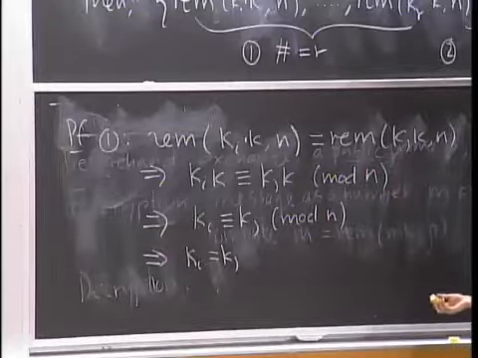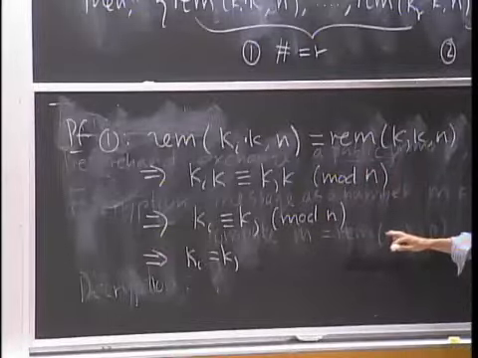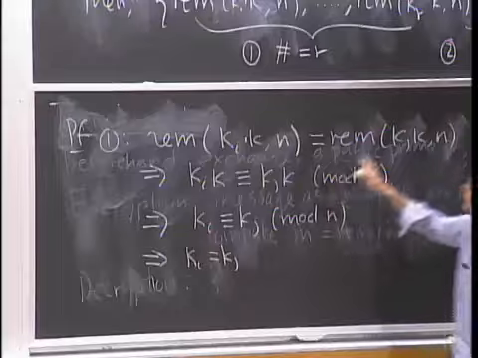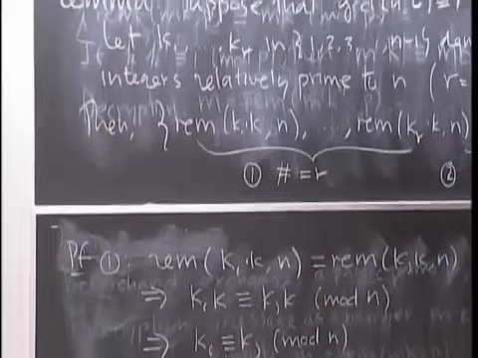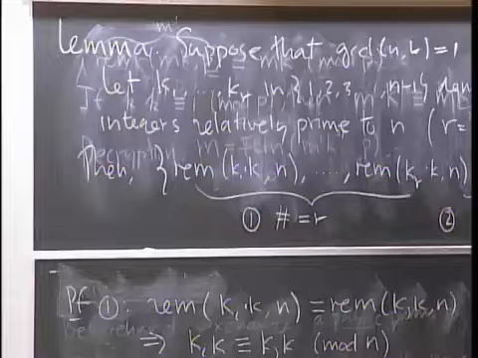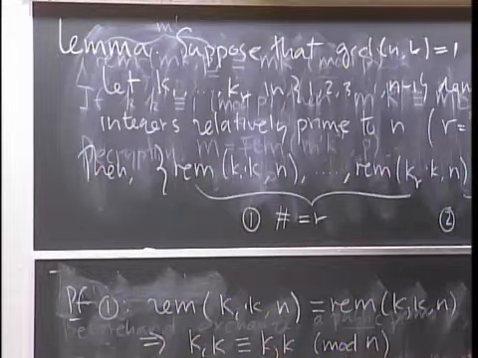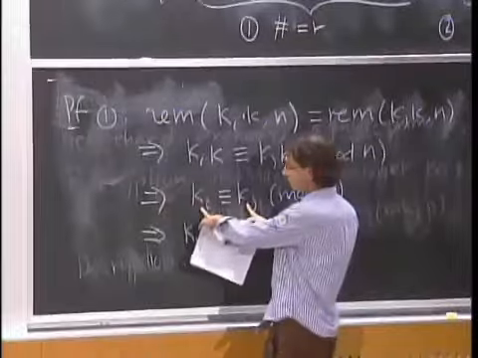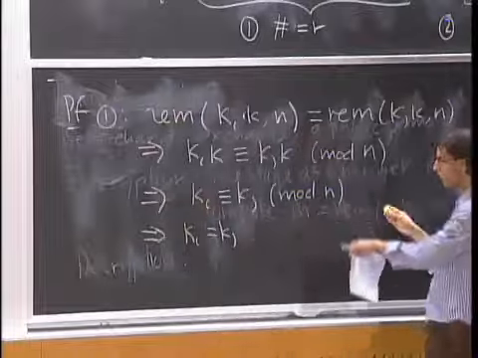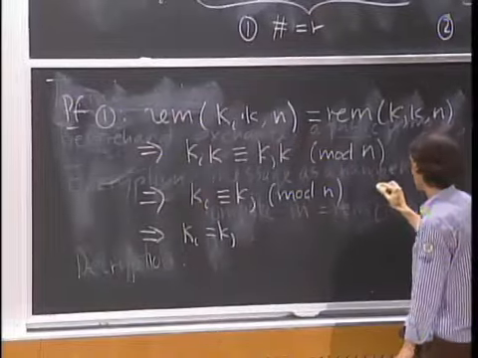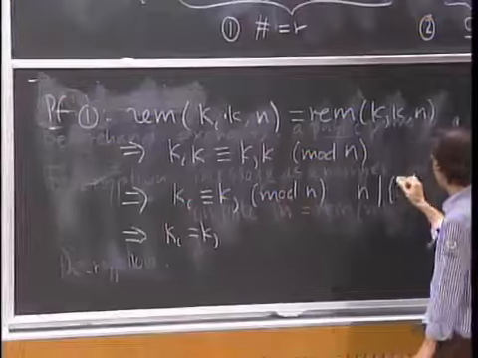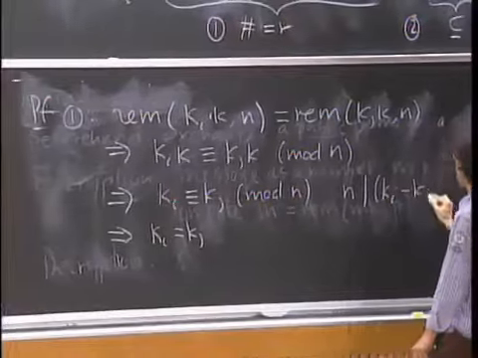So how can we do this? Well, we know that ki and kj are both in the range from 1 all the way up to n minus 1. So if I look at the difference between those two, by definition of congruence, I know that n divides ki minus kj.